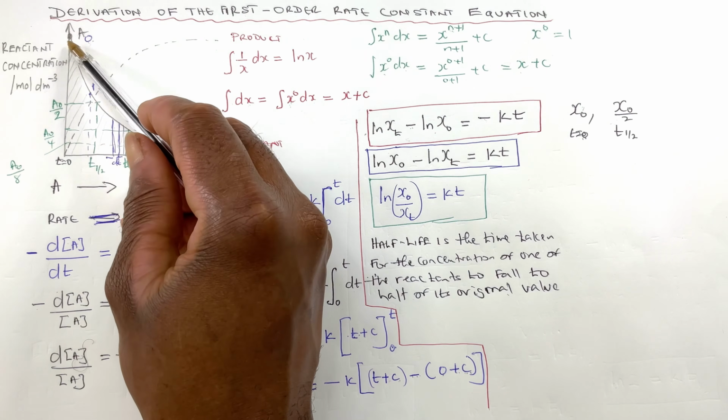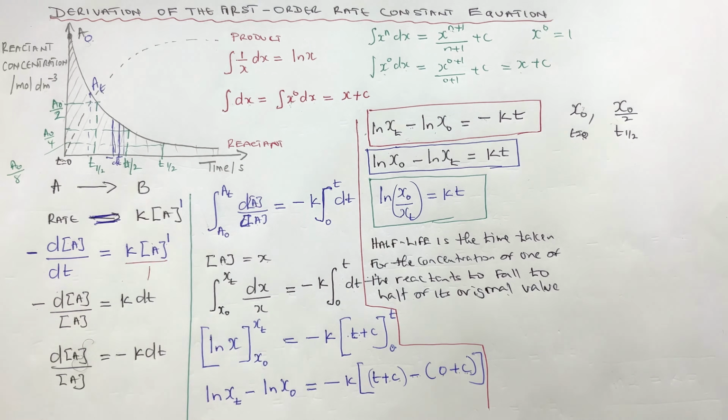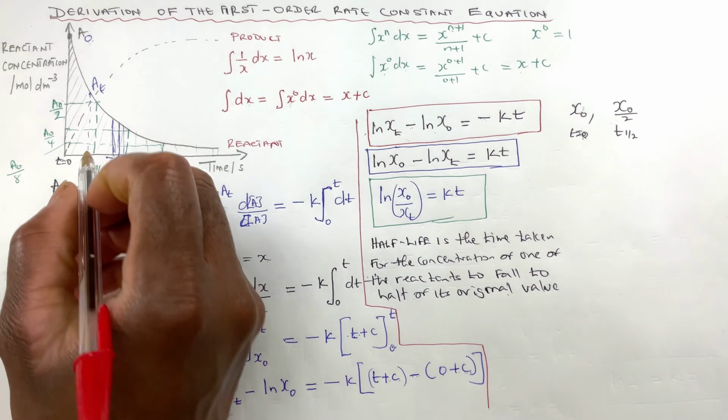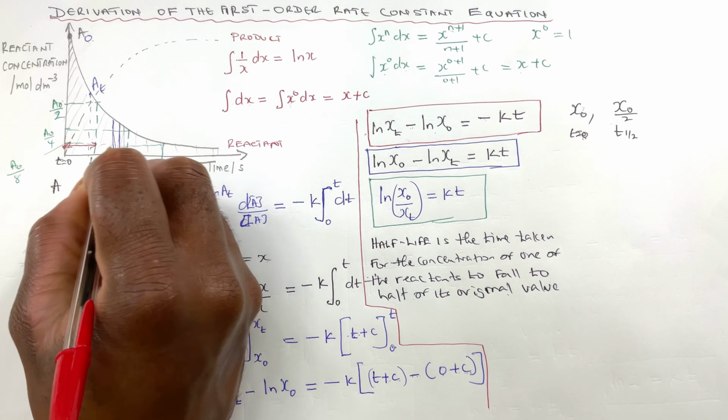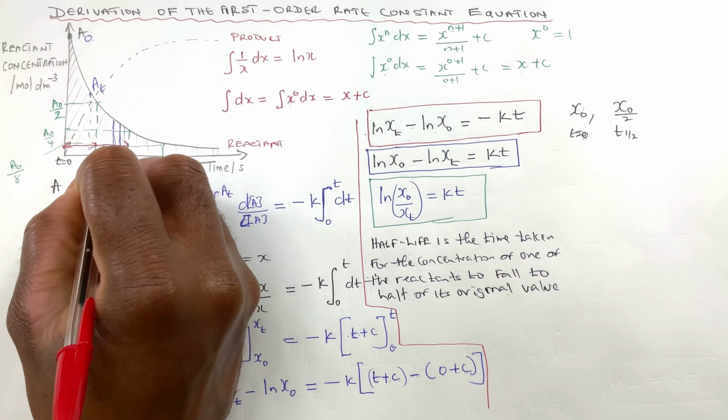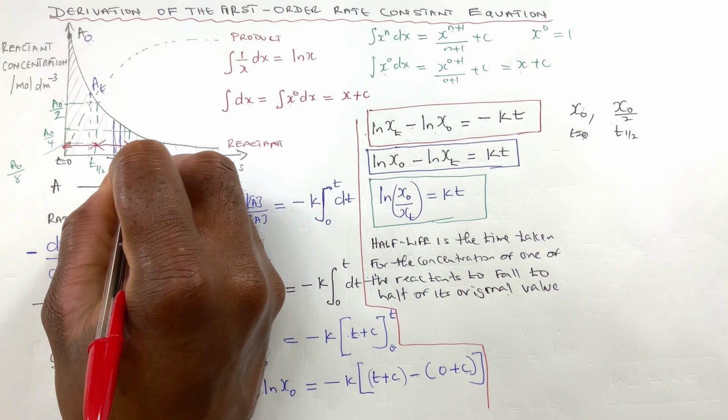So it's basically decreasing by half every time. But the exciting thing is that the half-life times are all the same value. So it's constant.